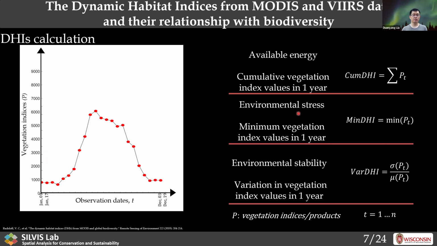For the environmental stress, we have the minimum DHI, by selecting the lowest vegetation index within 1 year. And this will indicate the environmental stress level. And as for the environmental stability, we have the variation DHI, which reflects the fluctuation of vegetation productivity within 1 year.